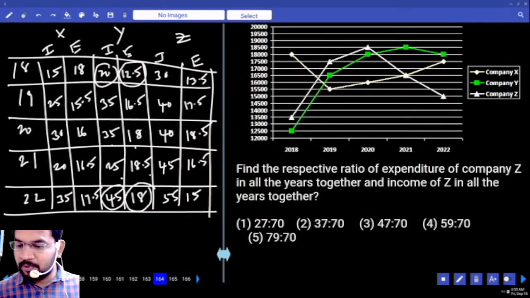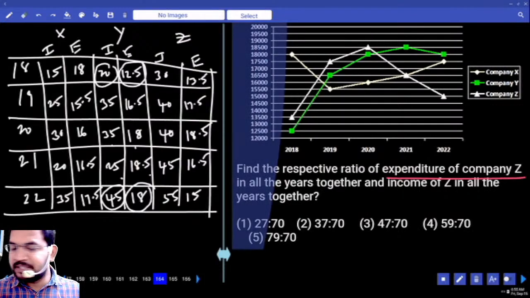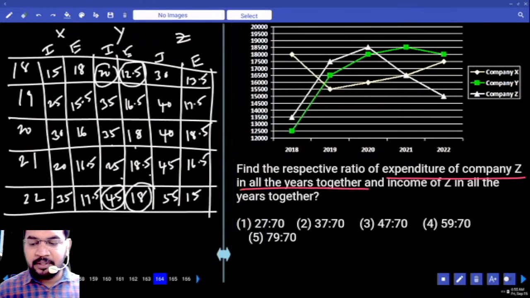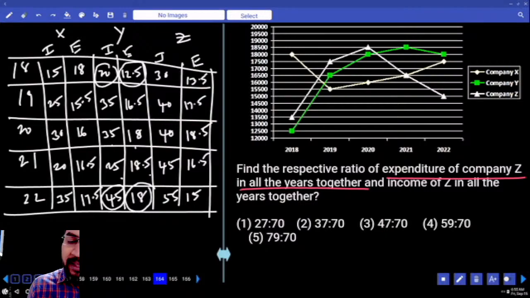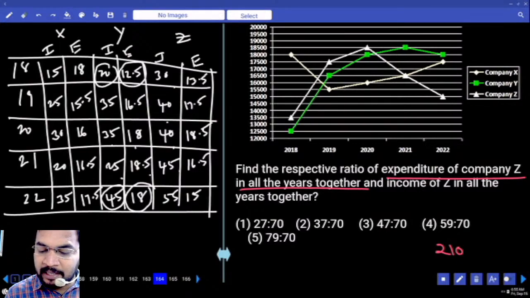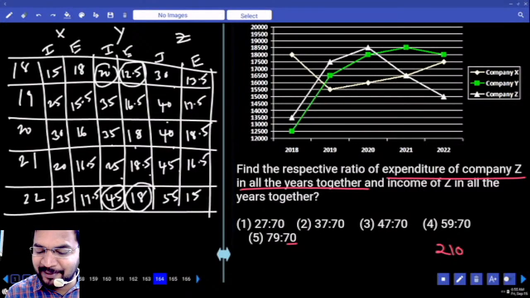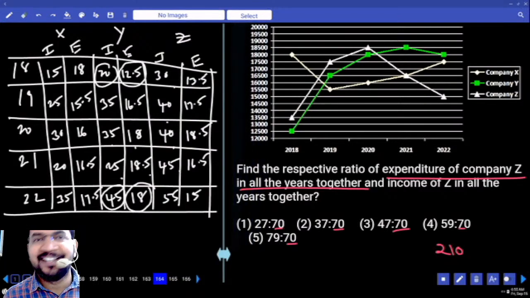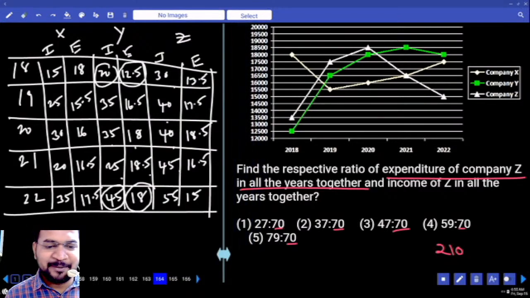Find the respective ratio of expenditure of company Z in all the years together and the income of Z in all the years together. First of all, income: 30, 40, tell me fast, 70. 70 plus 40, 110. 45, 55, 100. 100 plus 110, 210. All options are multiples of 70 only, no problem.